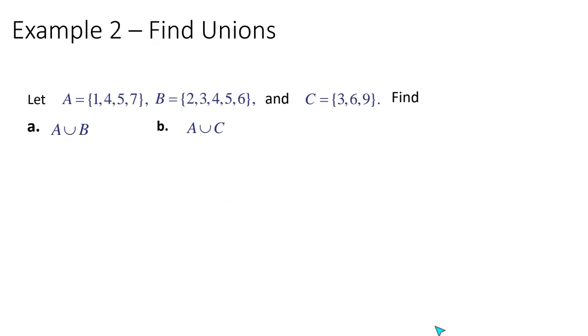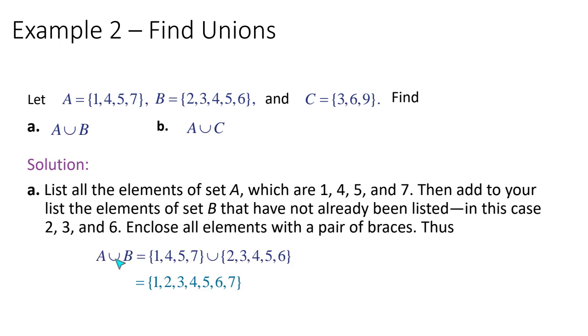Okay, so let's look at this example. So we have A is 1, 4, 5, 7, B is 2, 3, 4, 5, 6, and C is 3, 6, 9. So we want to find A union B. And so again, if we list all the elements here for A and all the elements for B, then basically you want to take everything that's in A and we're going to write it down.